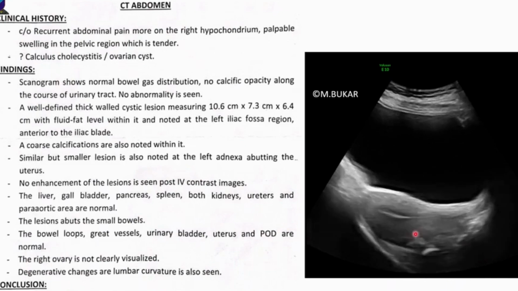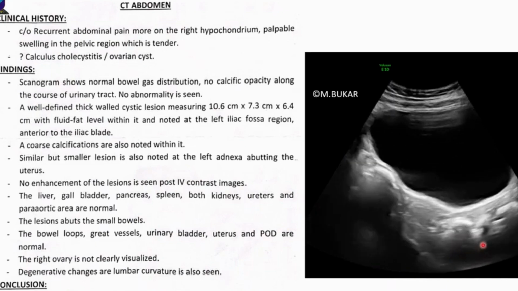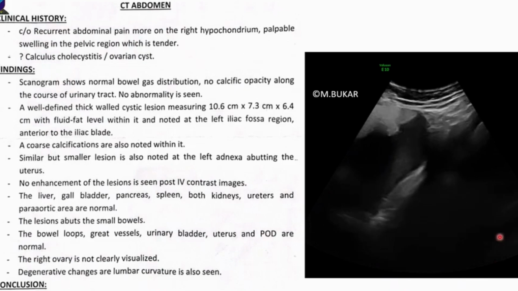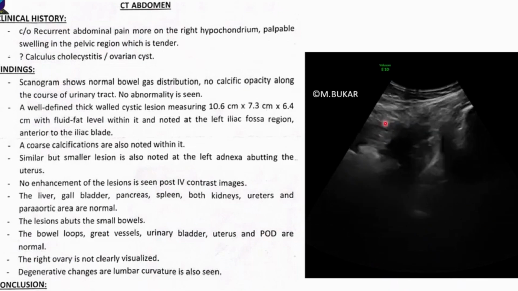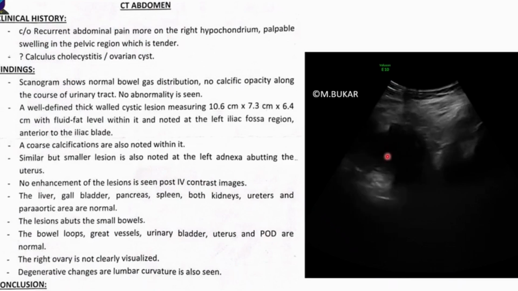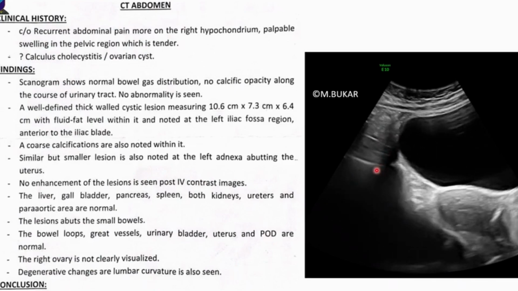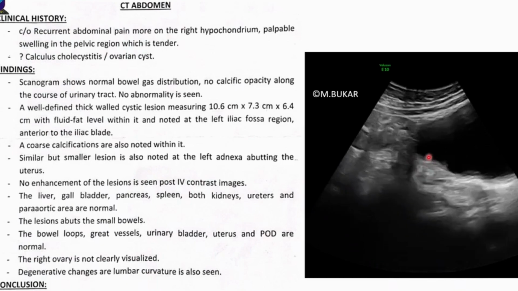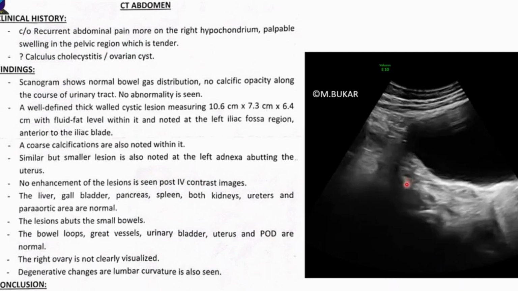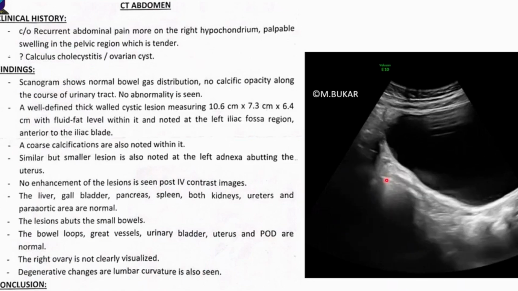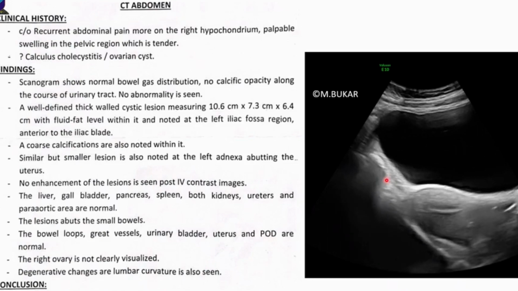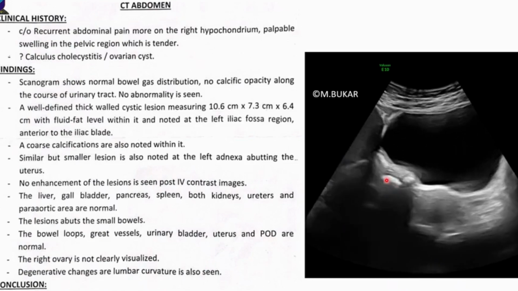Which is heterogeneous, mixed echogenicity, and shadowing. And the second one, look at it here. Look at the Rokitansky nodule, the bright lines and dots. This is classic of mature cystic teratoma.